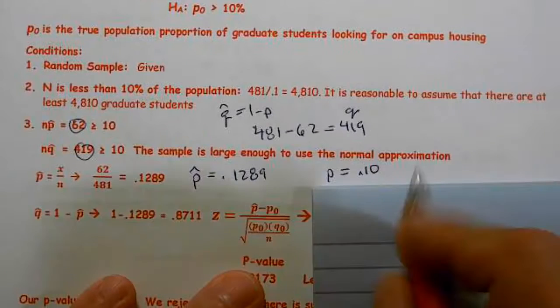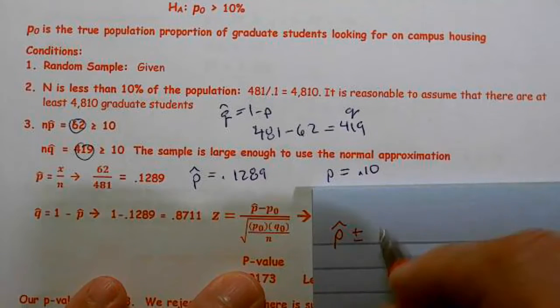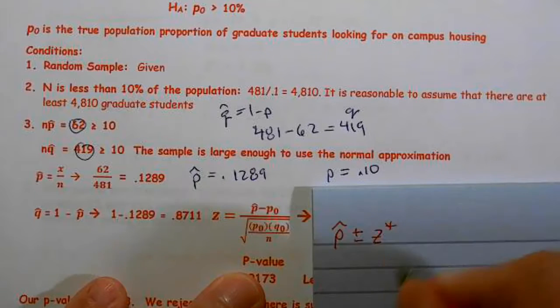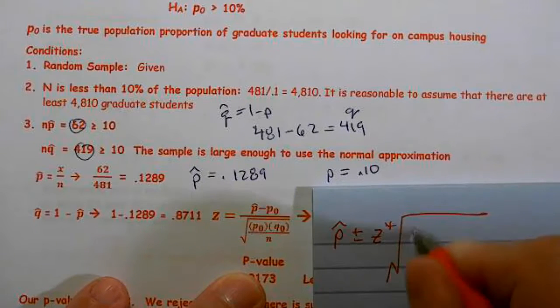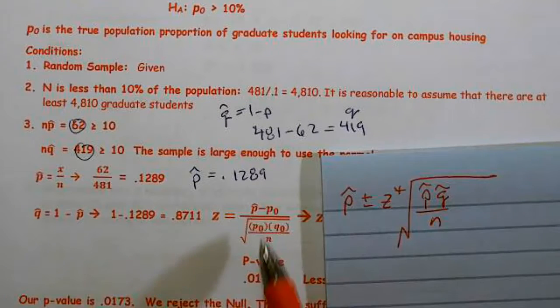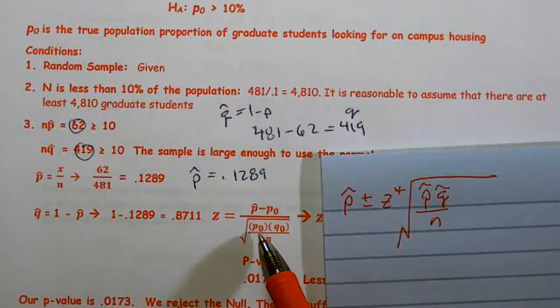Once again, I'm going to write it down because I don't want you to forget. This is the formula for a one sample proportion, P hat plus or minus Z star for the confidence interval, and it has P hat, Q hat, and N. That's different than a hypothesis test. This is using the sample proportion, and that one is using the population proportion.